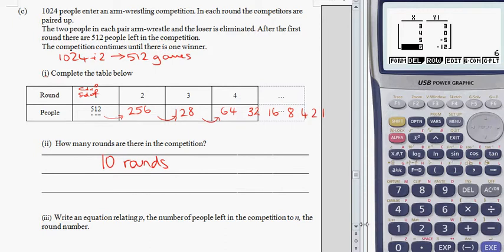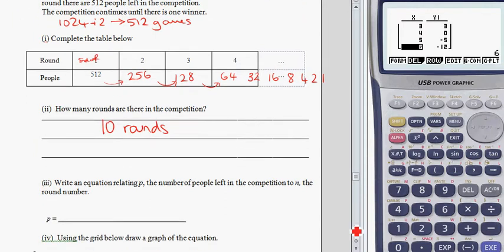Now write an equation relating P, the number of people left in the competition, to the round number. So because we're dividing by 2, I can see that this has something to do with powers of 2. We might look at the gap each time as we try and work out the rule.